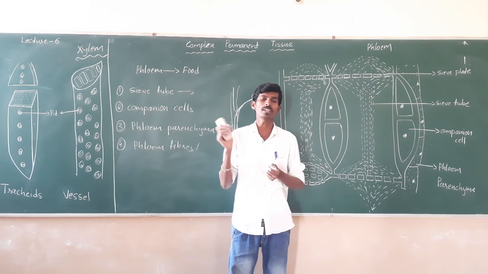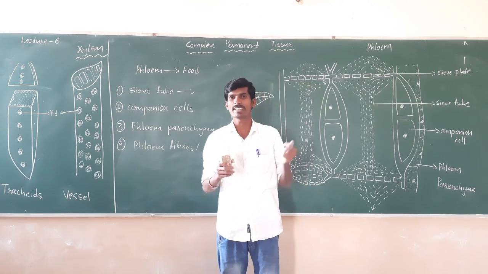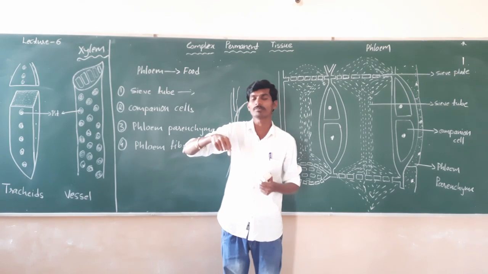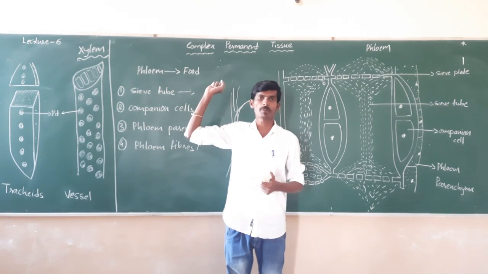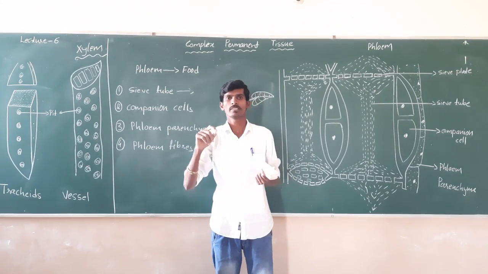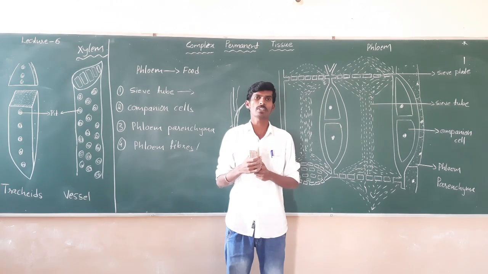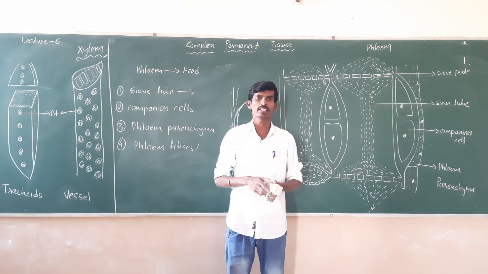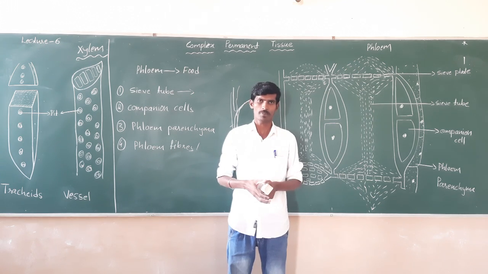One transports the water and another transports the food. The xylem absorbs the water by the root and transports it to the various parts of the plant. The phloem transports the prepared food, which is made in the leaves, to the various parts of the plant. Both are conducting tissues. Without these two, there is no survival of the plant.